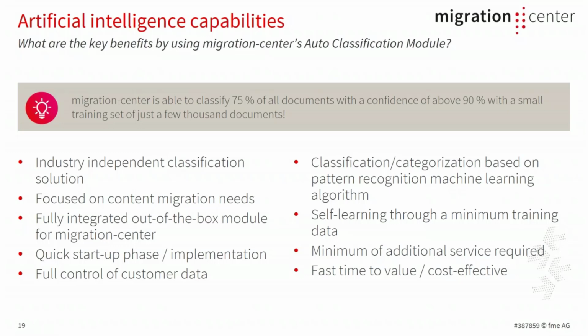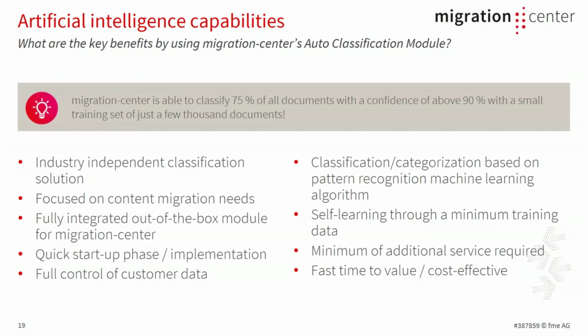And today, Migration Center is able to classify about 75% of all documents with just a really small amount of training data. This of course allows us to implement a solution which is really independent from industries. It's really focused on content migration.